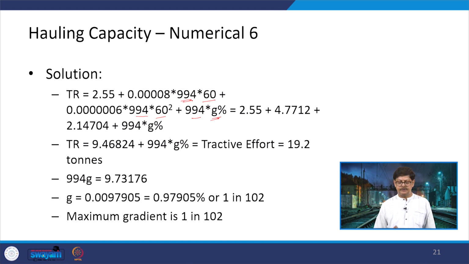When we solve it, we get 9.46824 plus 994 g, which is the resistance, and that has to be equated with the tractive effort, which has been given directly as 19.2 tons. Using this, G comes out to be 0.97905% or 1 in 102. So the maximum gradient which can be there in this case is 1 in 102.